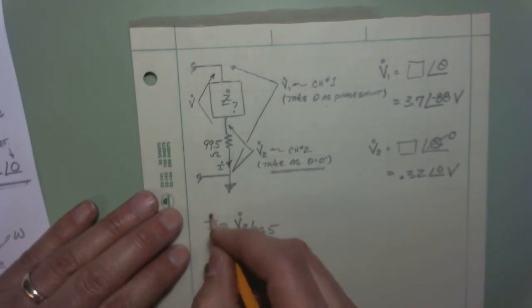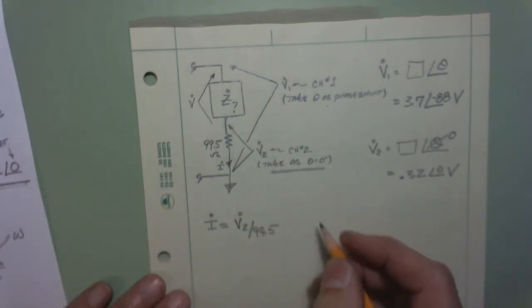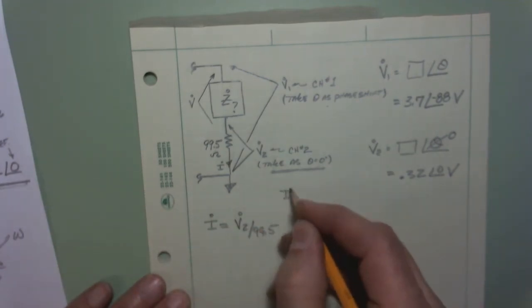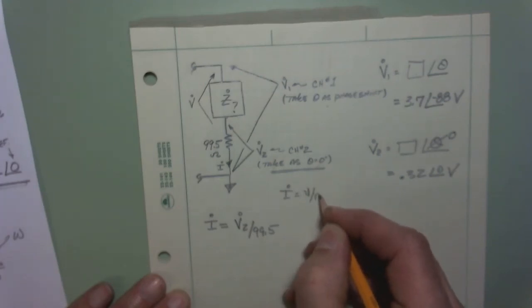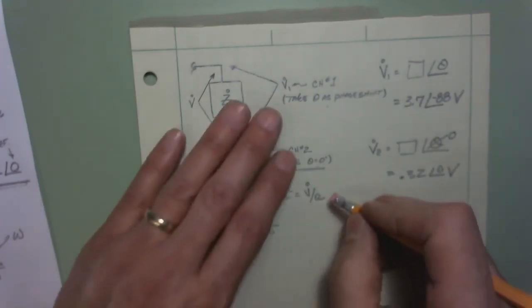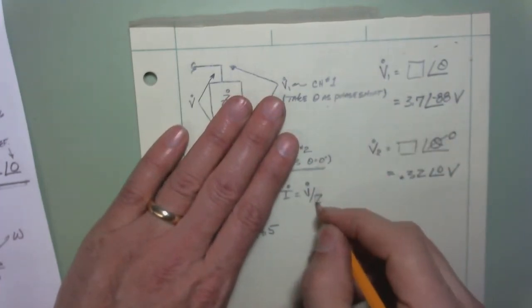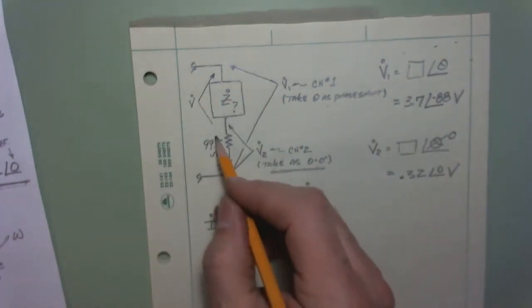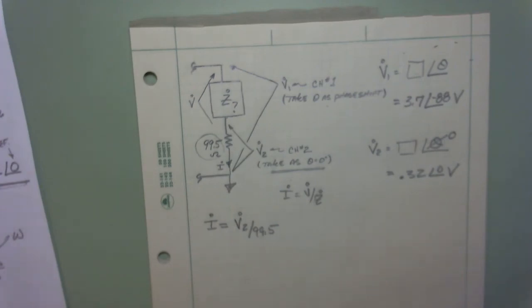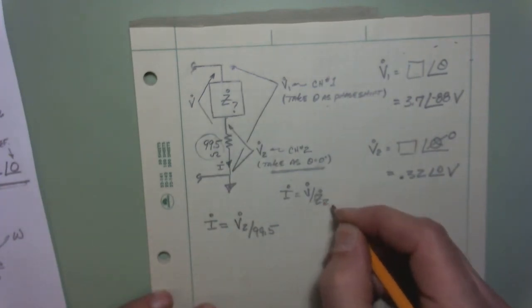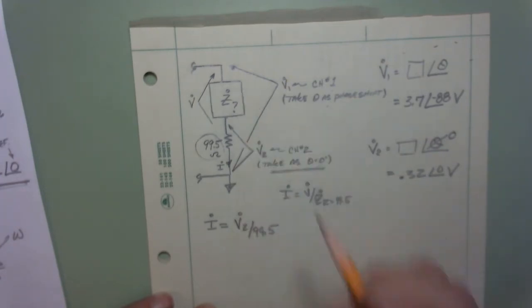I mean, this is Ohm's law. This I is equal to V over R, right? Or V over Z. That should be a little more general. V over Z, where our Z is just that right there. This is the Z for the resistor. R equals 99.5. It's not the impedance up there.